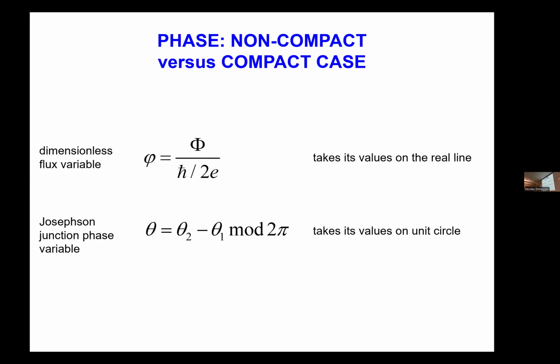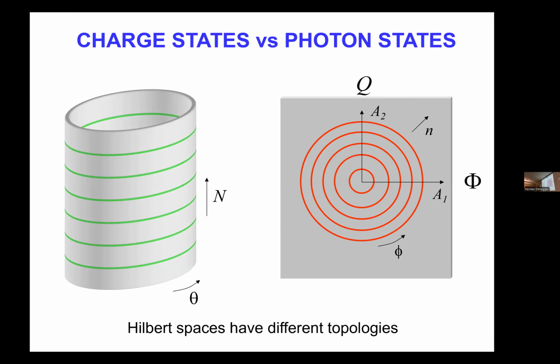This is called a non-compact phase, whereas the Josephson junction phase variable, which is the phase difference between the two superconducting phases on each side of the tunnel barrier, is an angle that takes its value on the circle. And this gives a subtle difference in the Hilbert space of these two cases.